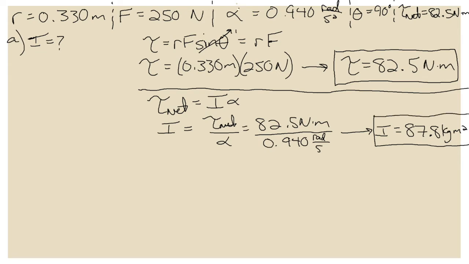Now, part B is a little straightforward now that we know the rotational inertia, because part B here is asking us for the mass of the object. And now that we know the rotational inertia, we're in business.